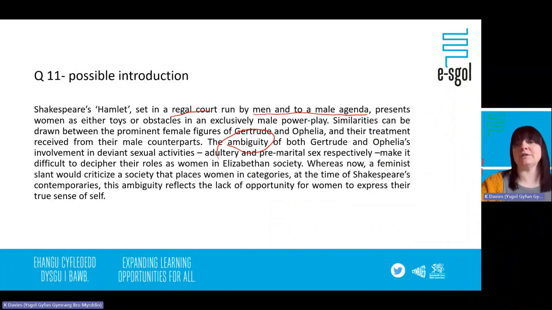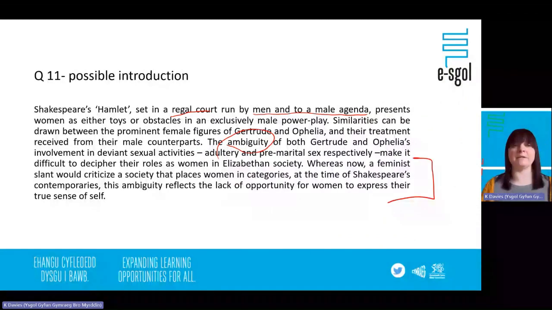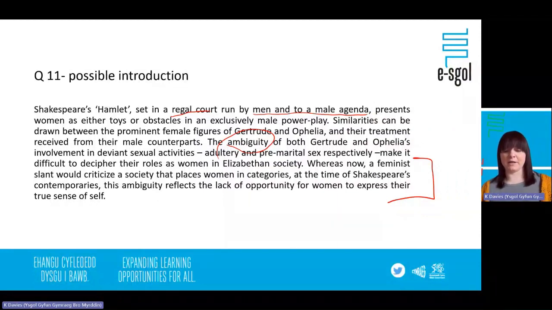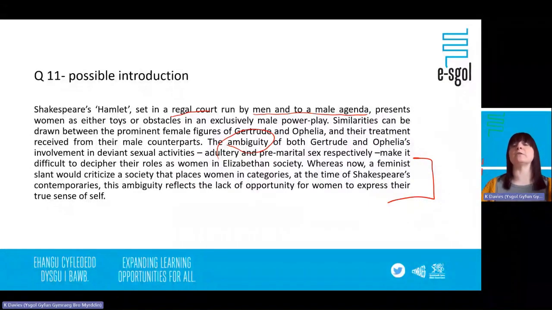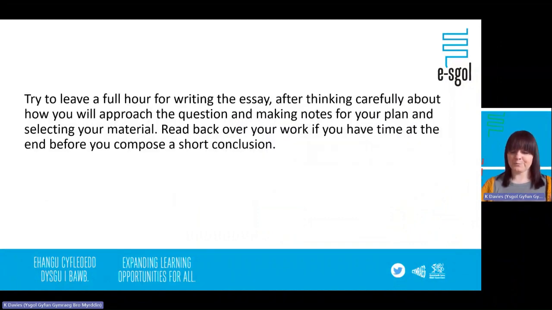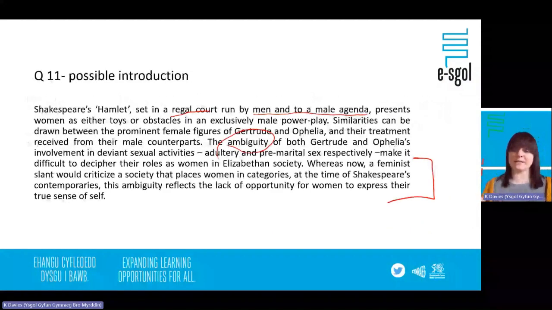So you've got this here then, your AO5, okay? A feminist slant would criticise, okay? So thinking about how they'd have been viewed in Elizabethan society, using that view and then flipping it and thinking about, right, how would it be considered today, okay? The only thing that's possibly missing here is AO2 textual support, but obviously ensuring that later in the essay you go on to maintain that idea.